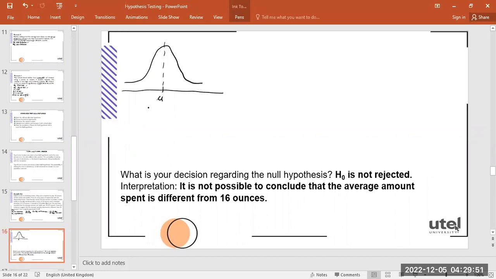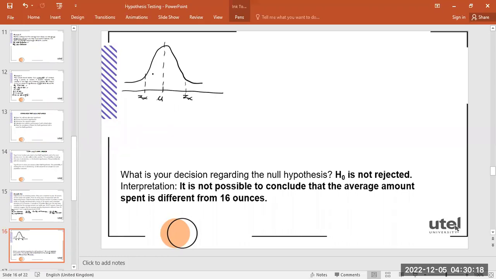When we are carrying out testing of hypotheses, we will also calculate what we call our critical values. So let's assume, especially for a two-tailed test, that here is our Z alpha to the right, and we also have our Z alpha to the left.